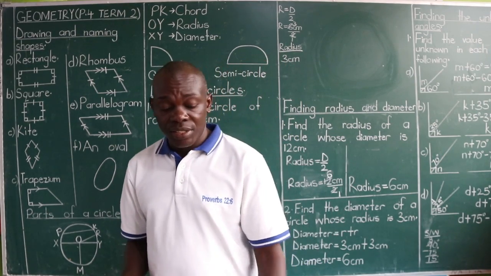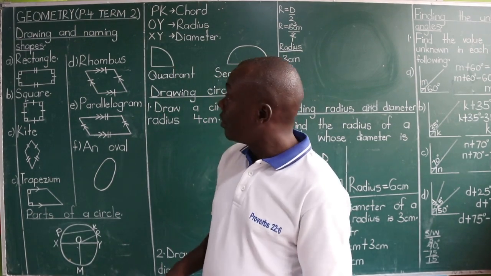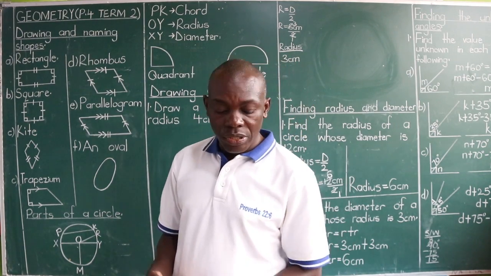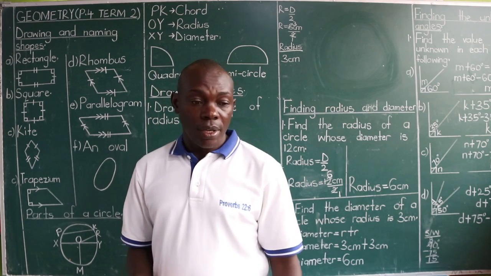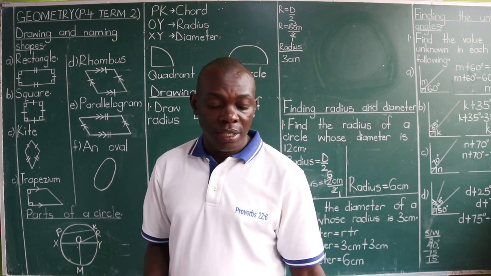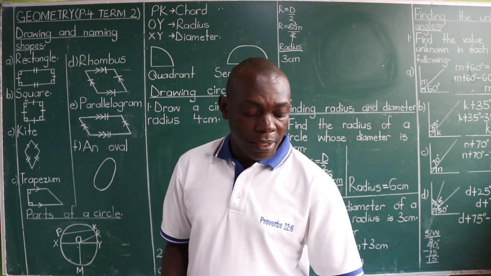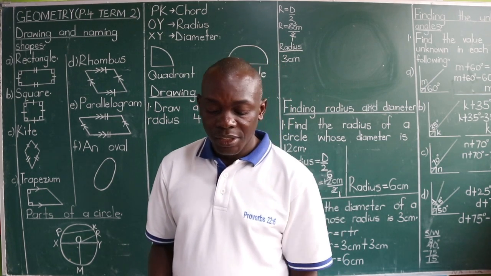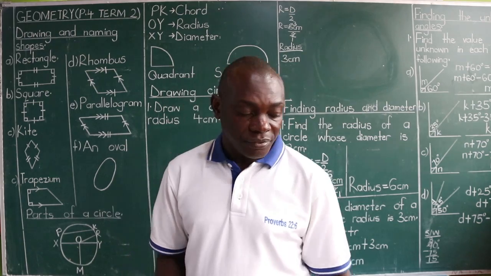The work the teacher is discussing will be found on page 32 of our P4 term 2 workbook, and all the way to page 37 for this particular lesson. Ensure you open page 32 of the workbook of our P4, and you will be able to answer.